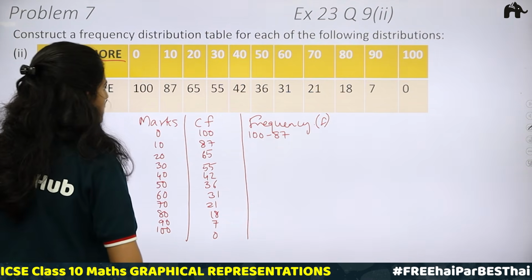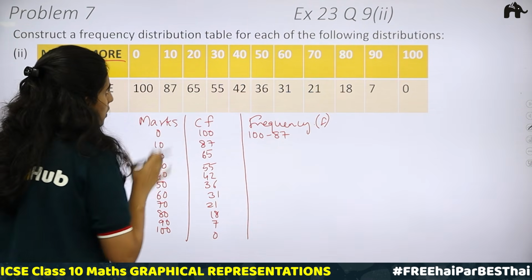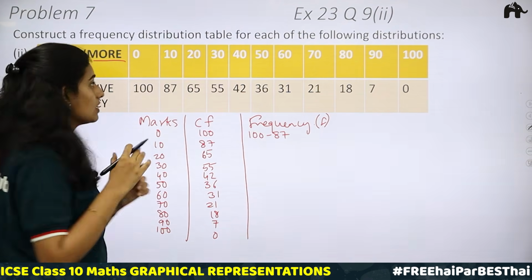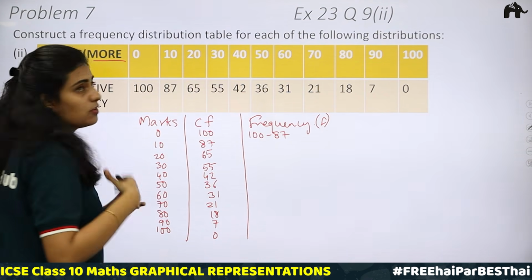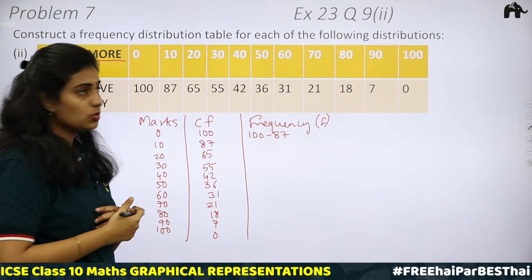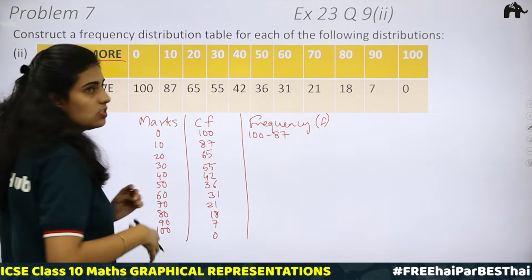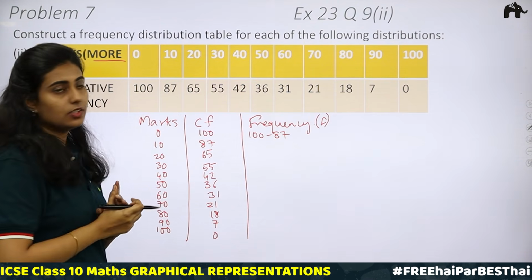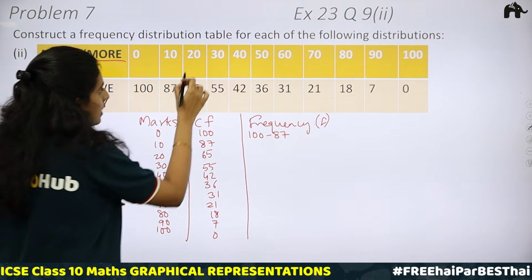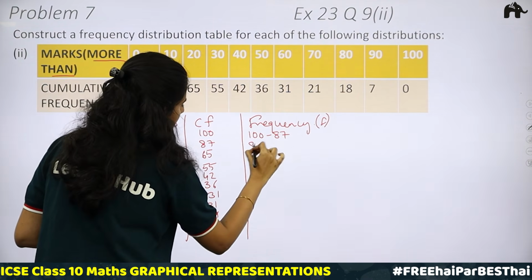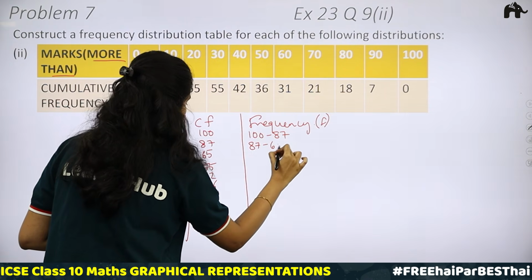Okay, these marks. Next, to get the number of students who have scored marks which is more than 20. Here it is given 65 students have scored marks which is greater than 20. Okay, how will you be getting? You will have to subtract this 65 from 87. 87 minus 65.